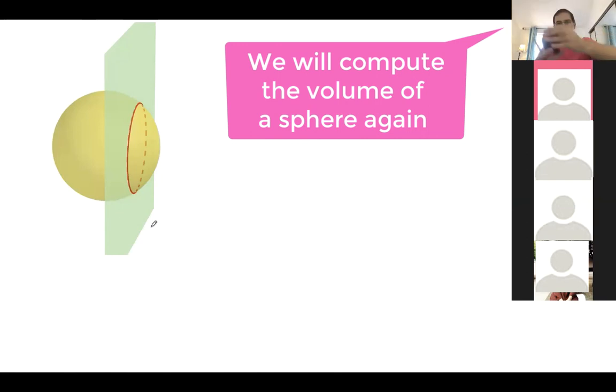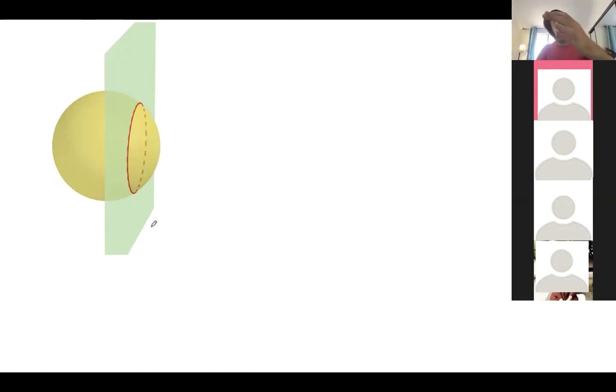So I want to compute the volume of this apple. First thing to do, and this is related to your question because this is why this is half, I'm going to take half of this apple.